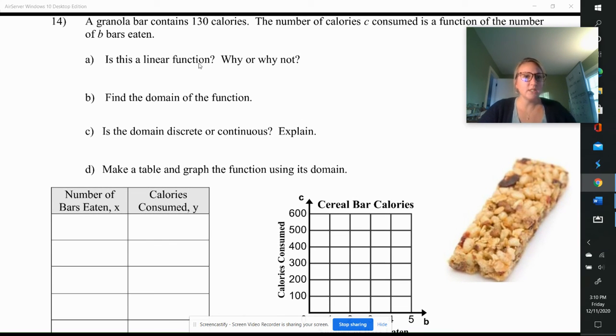All right, so for 14, a granola bar has 130 calories each. The number of calories C is a function of the number of bars, meaning we define C in terms of B. So calories equals 130 times the number of bars we consume.